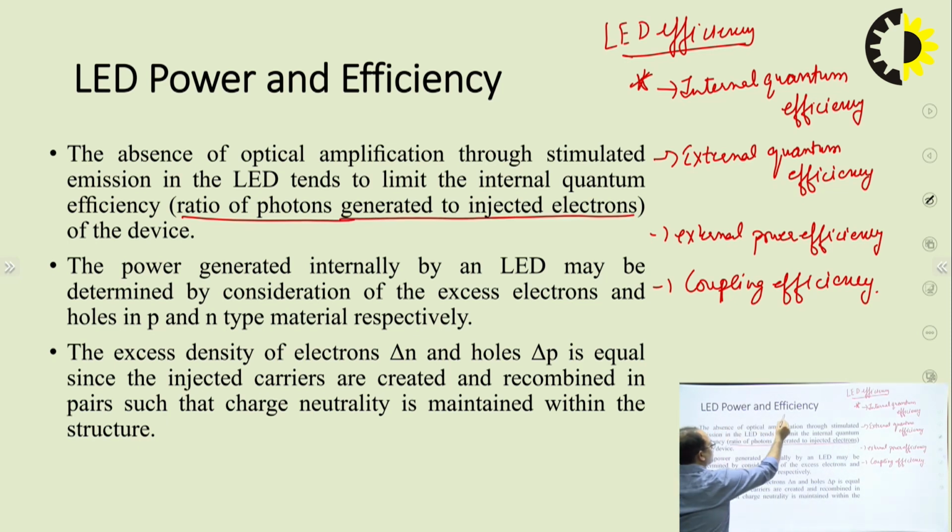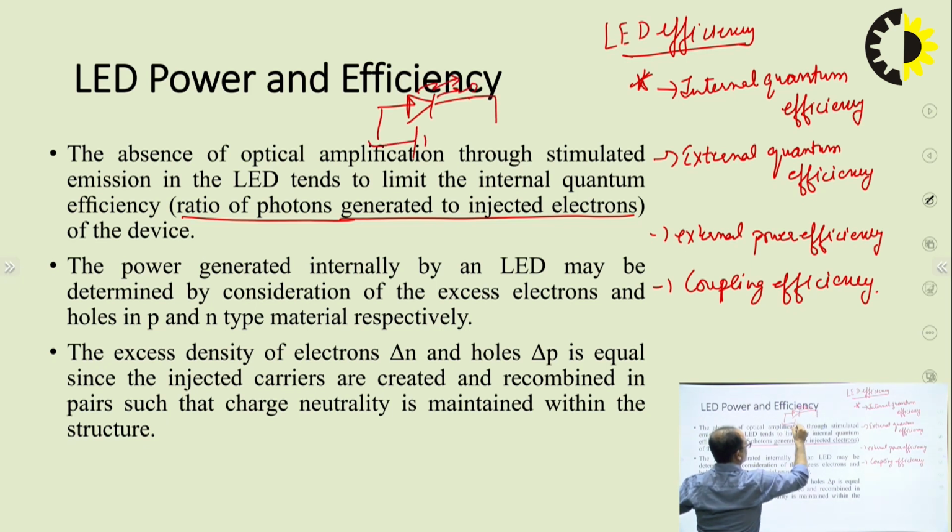As we know, this is the LED and we are providing the current. When we are providing the current, it means we are injecting the current into the PN junction diode, which is an LED.